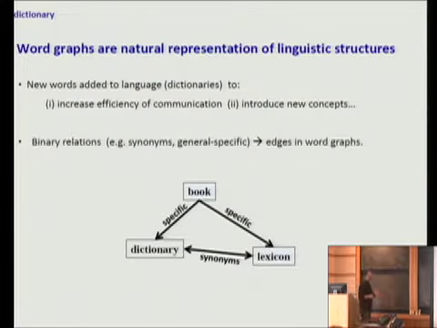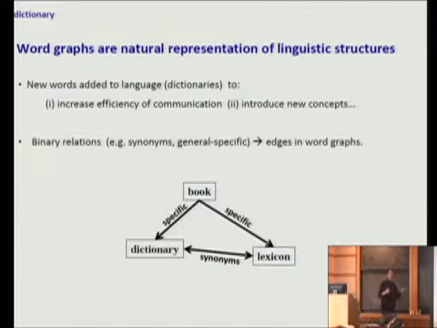Graphs are a very natural way to describe linguistic structures. We can look at words as vertices in a certain graph, and then think about the evolution of language, in which new words are added to the language to increase the efficiency of communication. They replace, let's say, a phrase or some combination of words. They make it more compact, or sometimes introduce new concepts, and for other reasons.